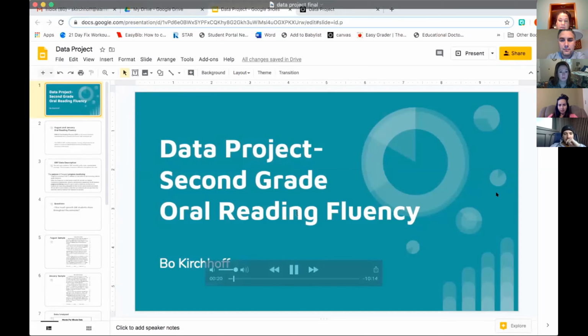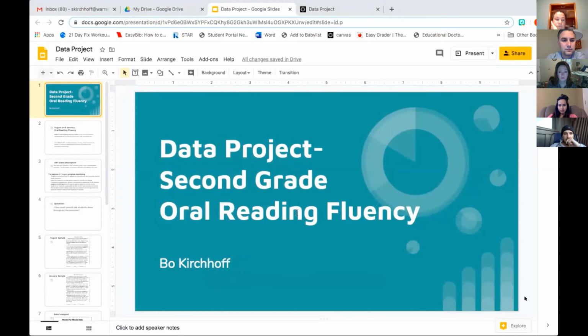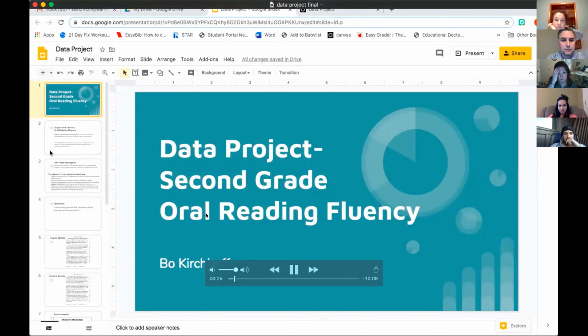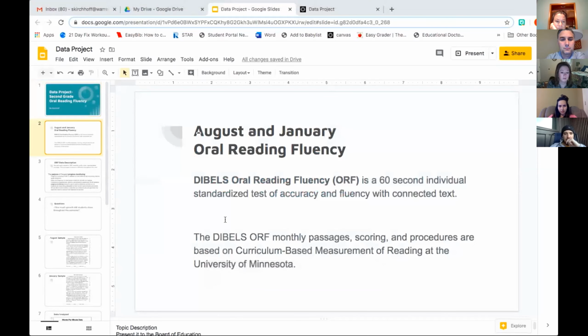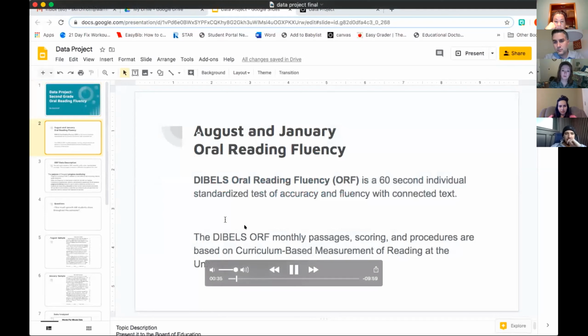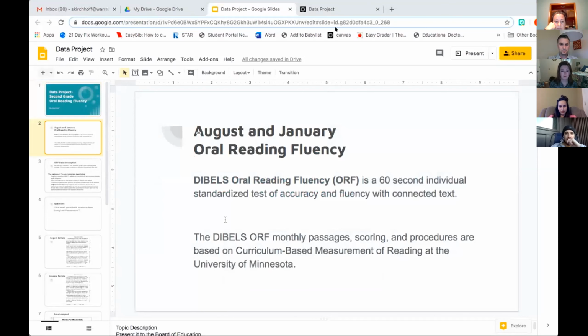I want to share with you guys a data project I've been working on in 2nd grade with our oral reading fluency. So in 2nd grade, we work on our oral reading fluency throughout the entire school year. This year, I just compared the August and January data, so first semester data for oral reading fluency.